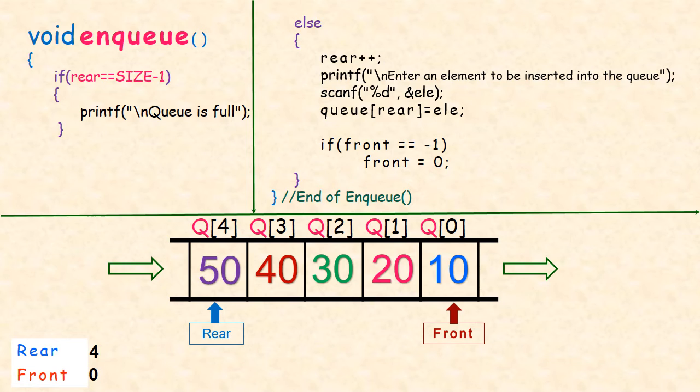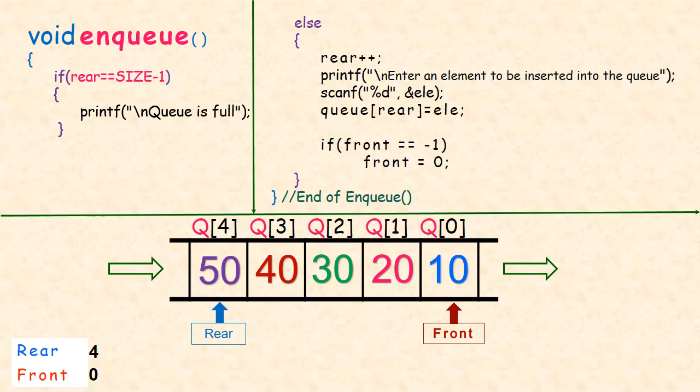This if block will be executed, and the rear value is 4 and I said size is 5, so size minus 1 is 4 again. So 4 is equal to 4, rear is equal to size minus 1. This condition is satisfied.